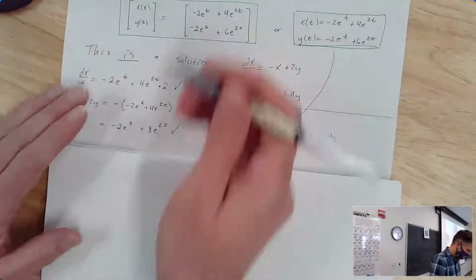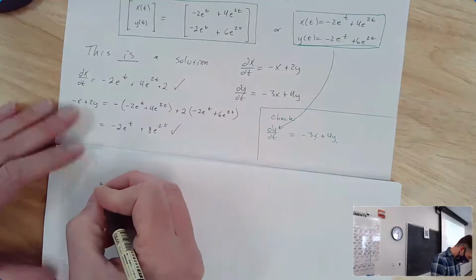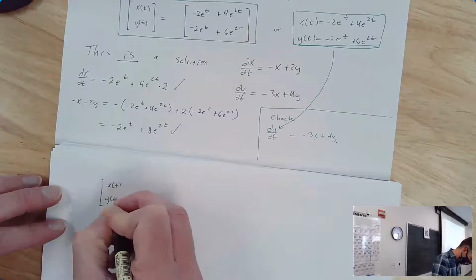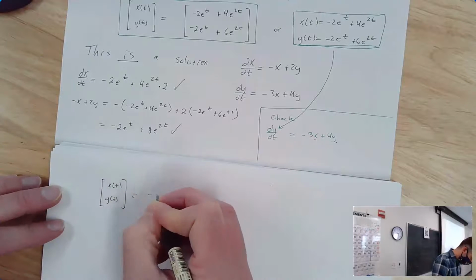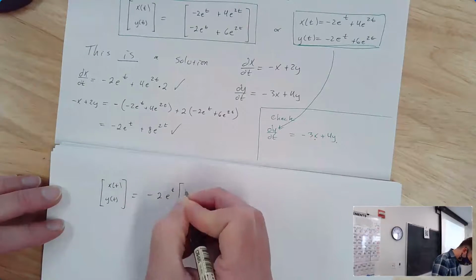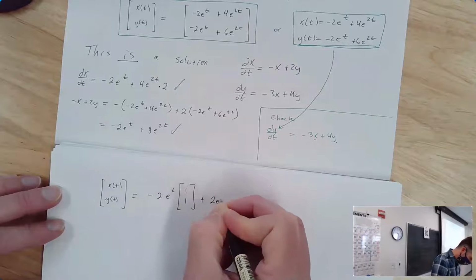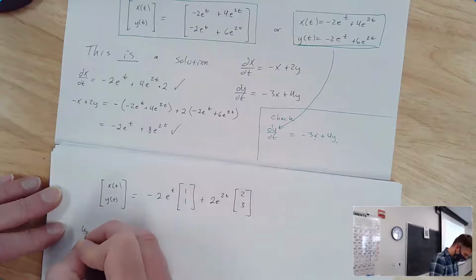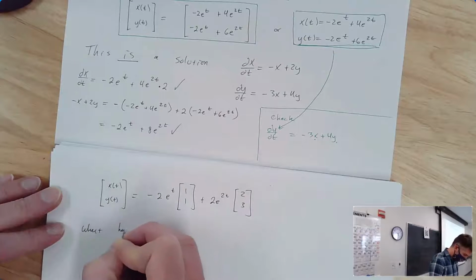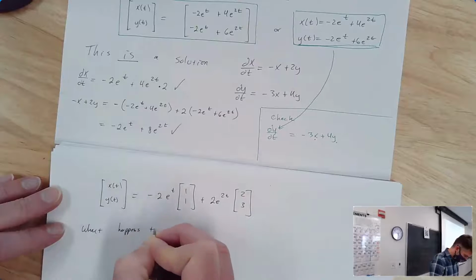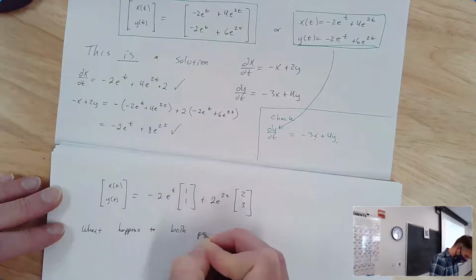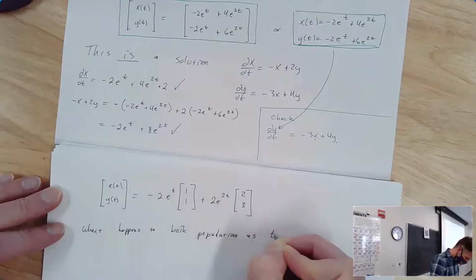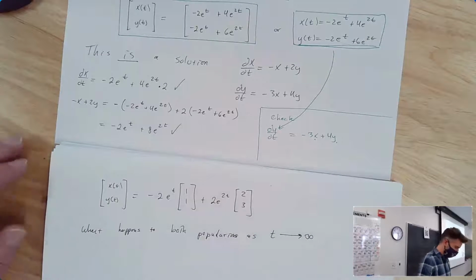So let's look at our general solution again, or sorry, our particular solution. So what happens to both populations as time goes on and on and on?